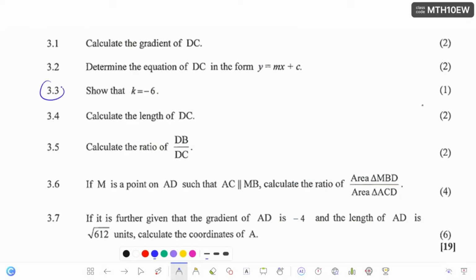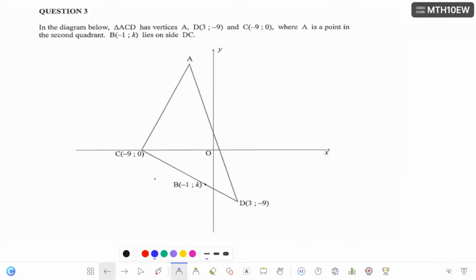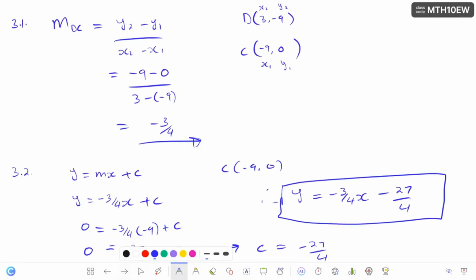So now we move to 3.3. They said show that k is equal to -6. Okay, since we have an equation of this line and we have a point with x, we can find k by substituting into the equation that we calculated in the previous question.